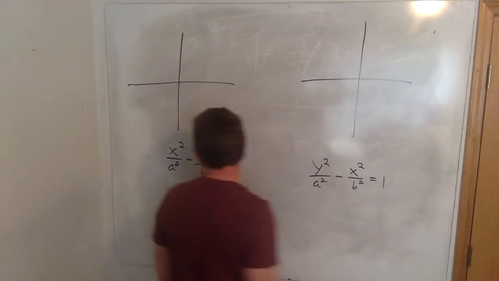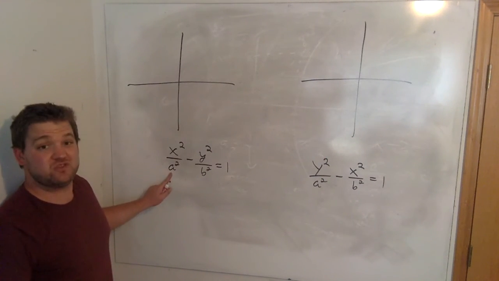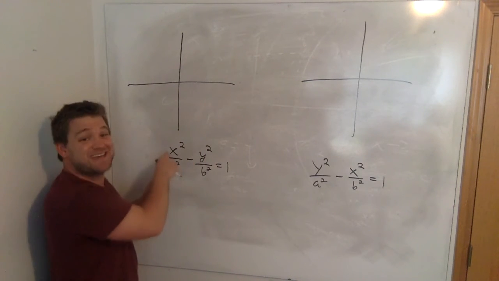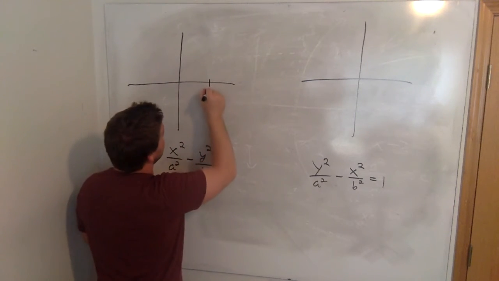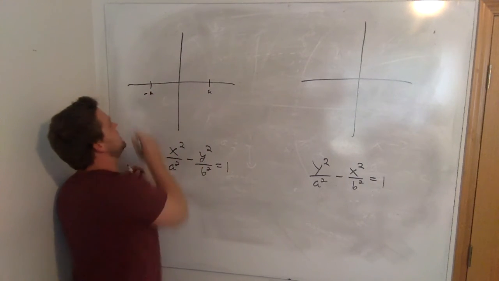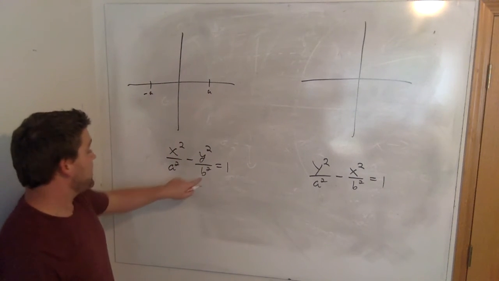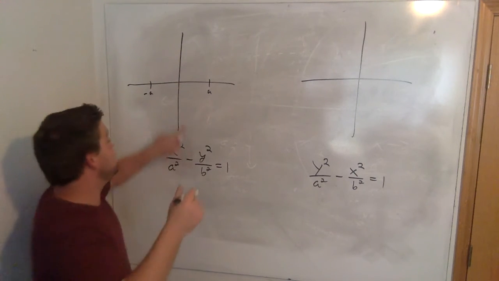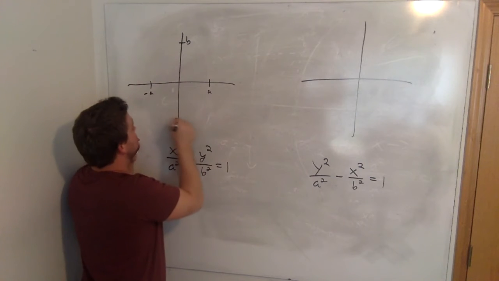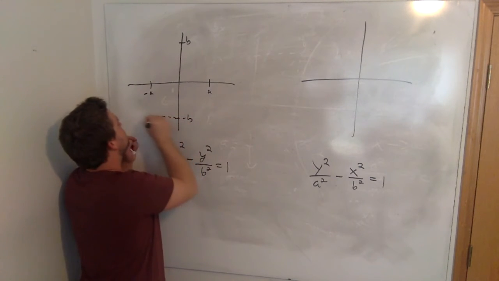In the first case, what would you do if you were graphing this? You would go to the right and the left a units, since this has x-intercepts. This is a, this would be negative a. Then we would go up b units and down b units, and you'll draw the central box.